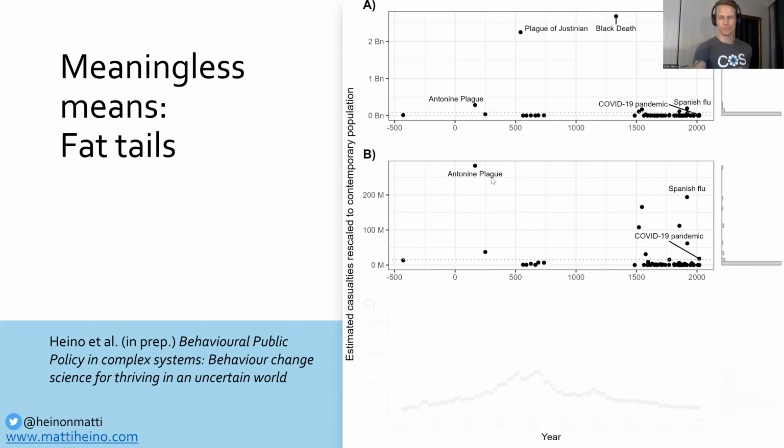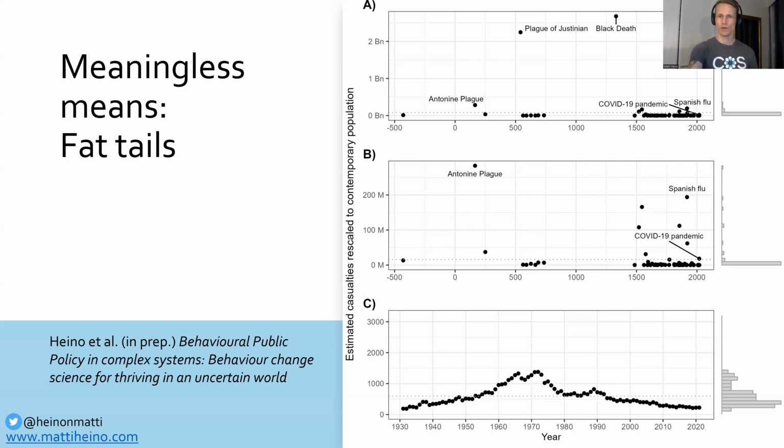So you have a lot of observations that are very small, a couple of million, maybe 10,000 or something casualties. But then you have these that are still over and above 200 million. And if you compare and contrast this situation with one where we have the traffic deaths in Finland.